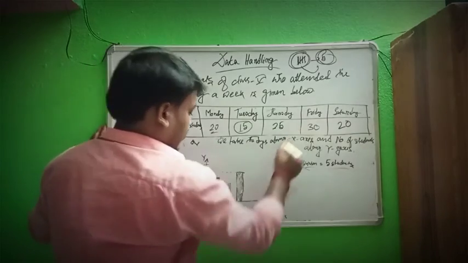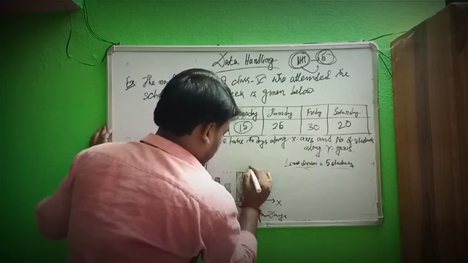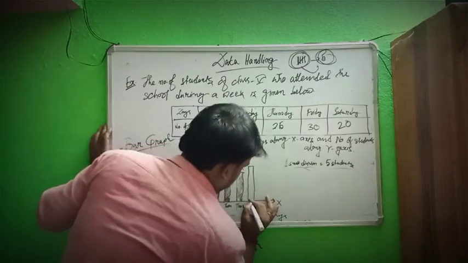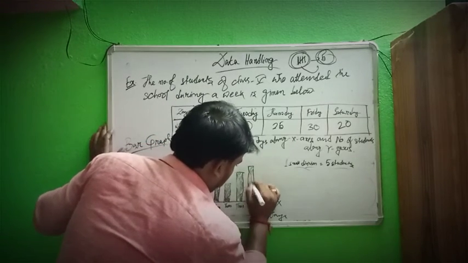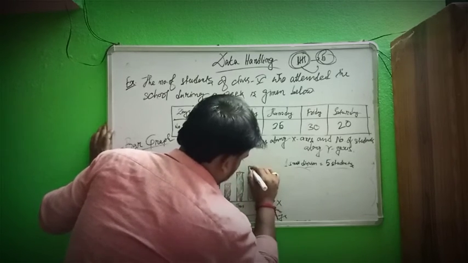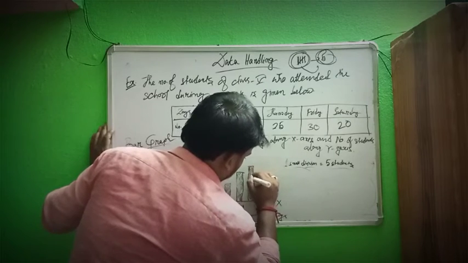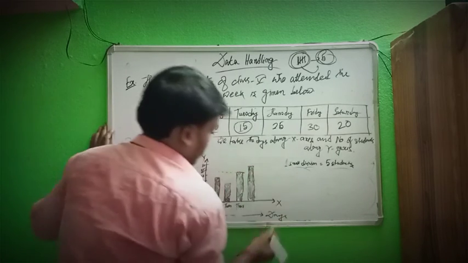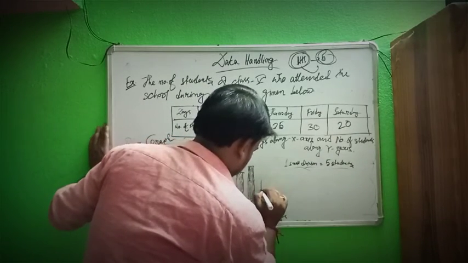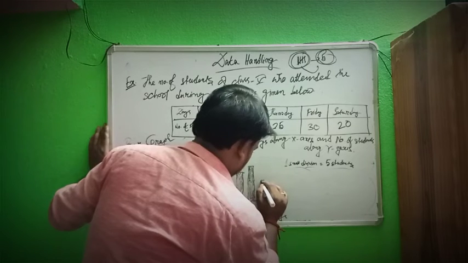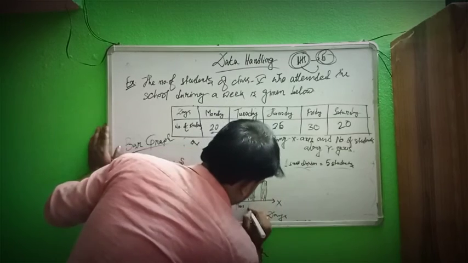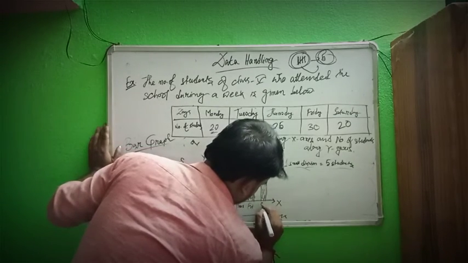Next is Thursday, 30, so 30 up to this. Next is 20, so 20 up to this. It is Friday, and this is Saturday.